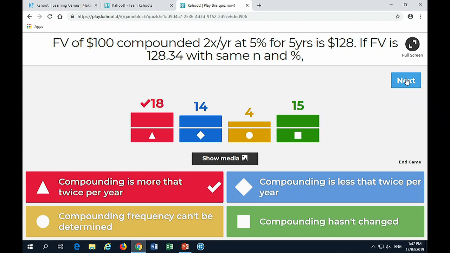Now, that interest is not calculated every time at 12%. The 12% is the annual rate, but you divide it by the compounding frequency, which is 12. So every time the interest is calculated, it's calculated at 1% per month, not per year.